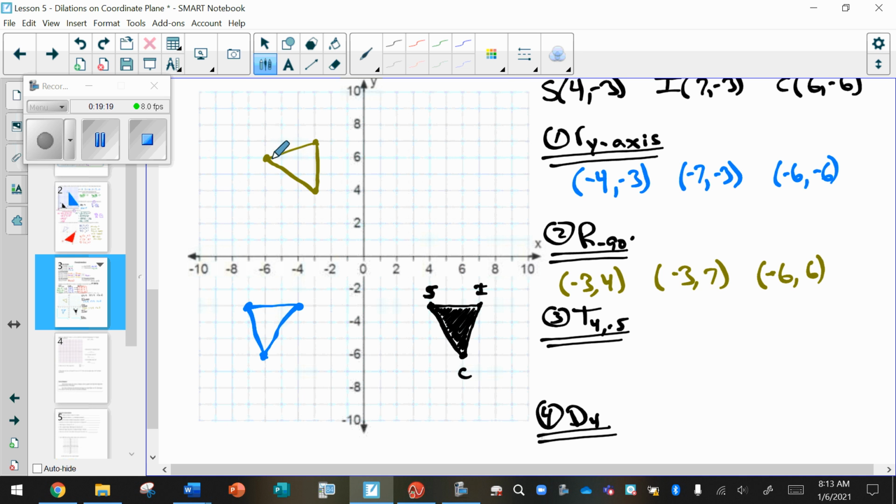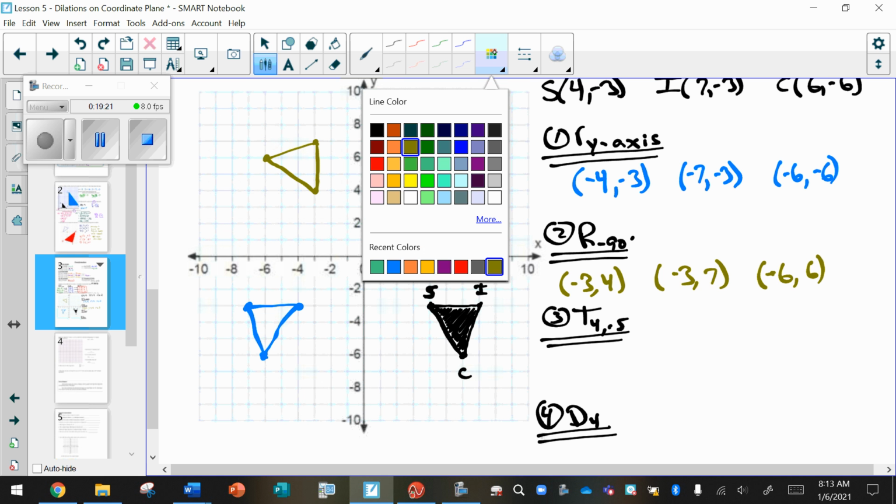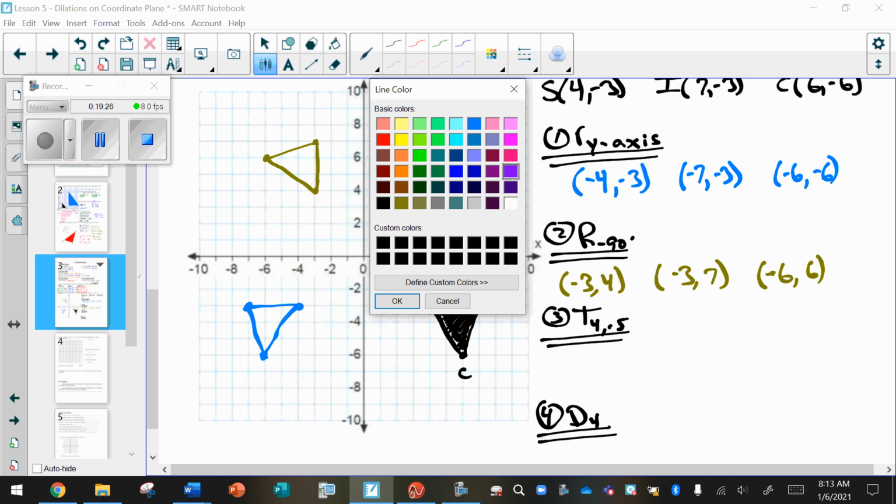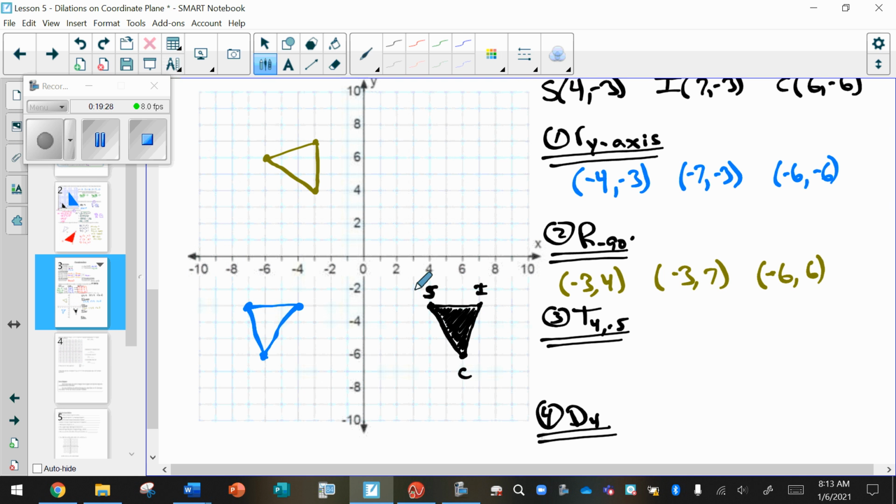Now taking those points and then doing a translation of (4, -5), that means add 4 to the x value, subtract 5 from the y value. Or on the graph, that means add 4 to the x, move it 4 sideways to the right, 1, 2, 3, 4.